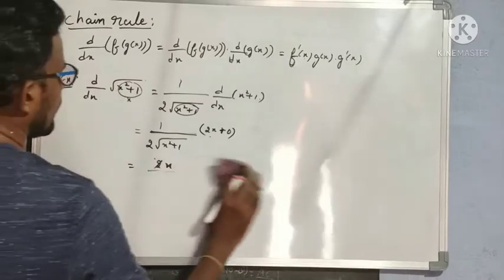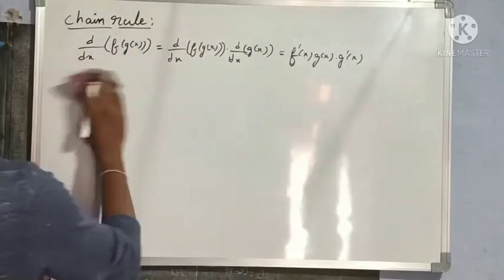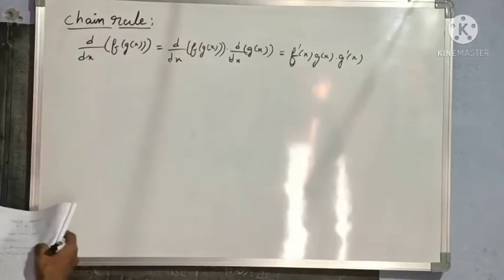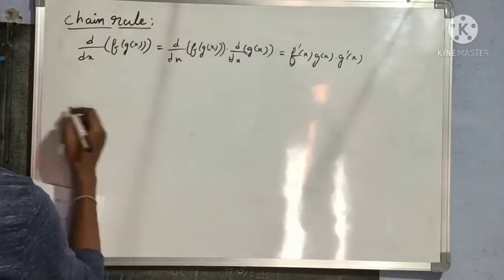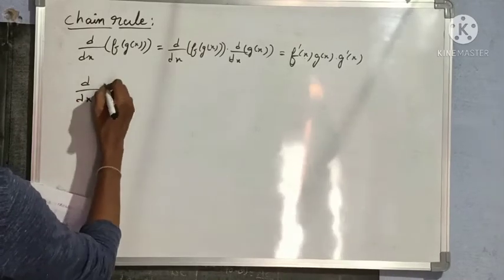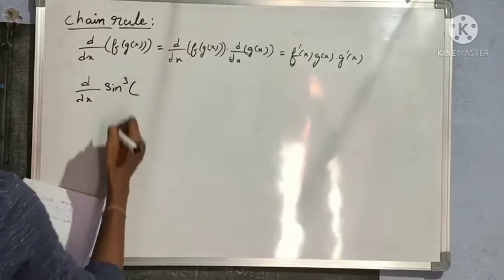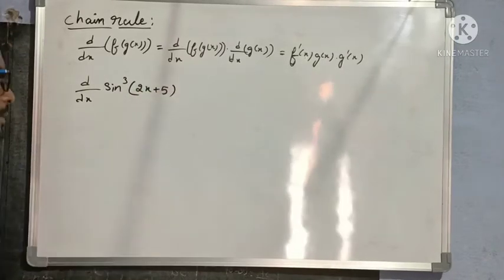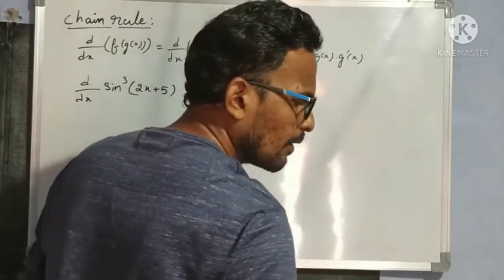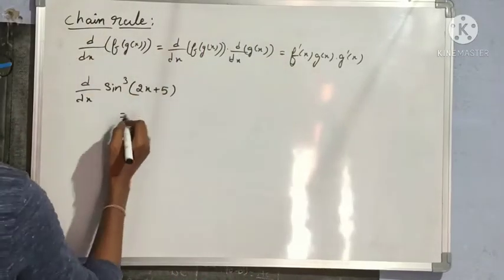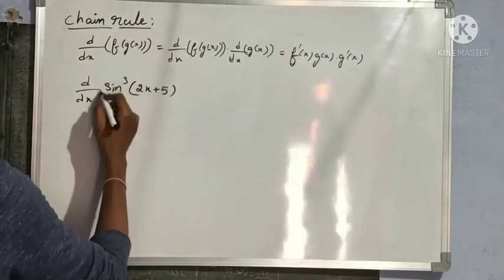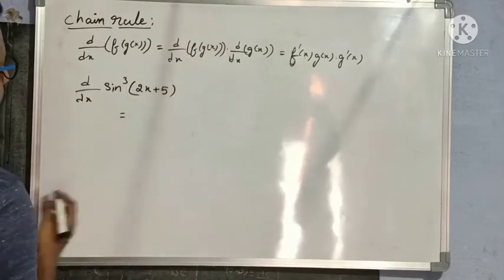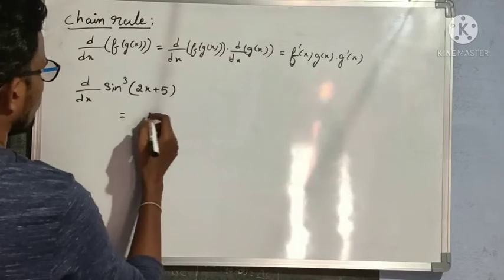Now let us see some more examples for chain rule. So d by dx of sine cube of 2x plus 5 is equal to, if this sine of 2x plus 5 I take as x, then d by dx of x cube is 3 into x power 3 minus 1.